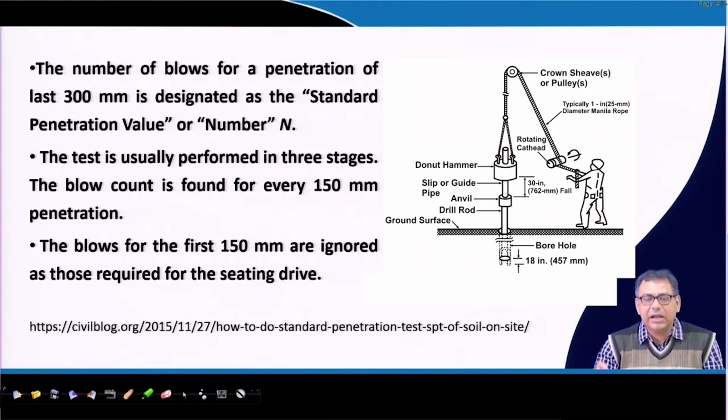That means we will neglect the initial 150 millimeter penetration, because that will be treated as a seating load, so that there is proper contact between the soil and the sampler tube. The number of blows required for the last 300 millimeter, or 30 centimeter, penetration is the N value.